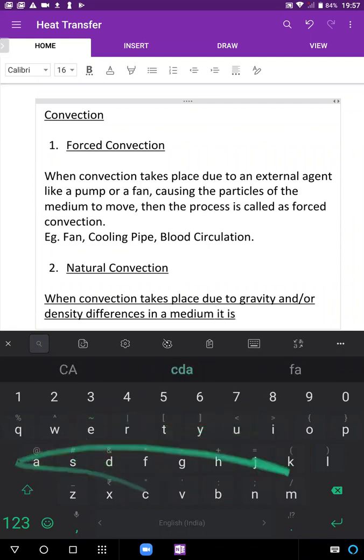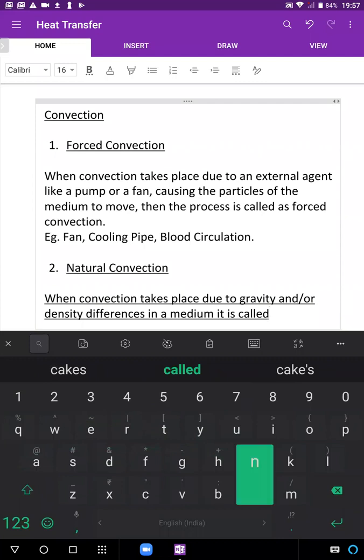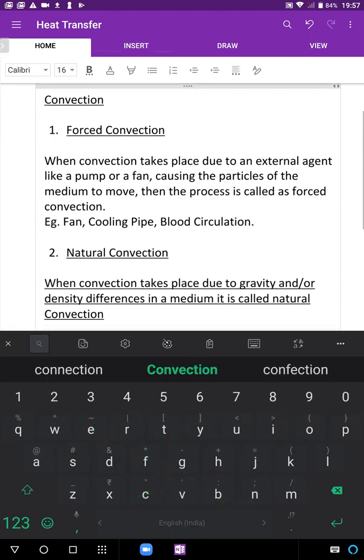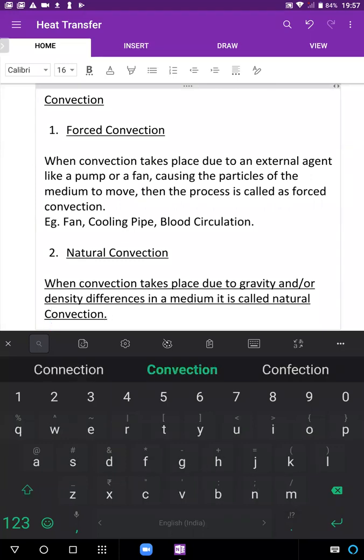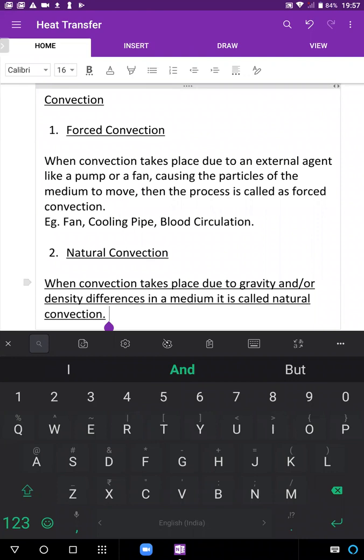It is called natural convection. Okay, so when convection takes place due to gravity and or density differences in a medium, it is called natural convection.